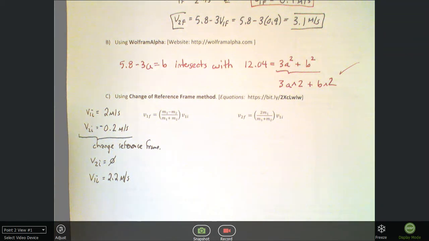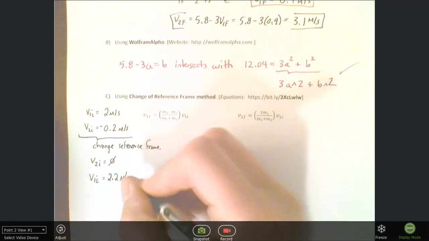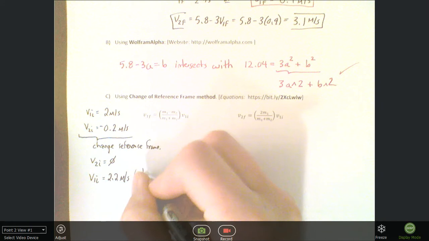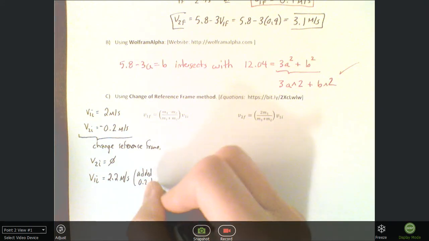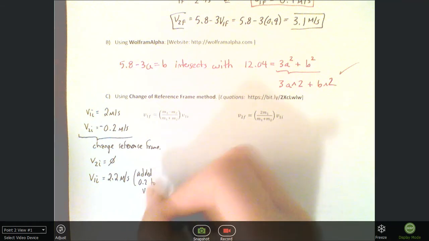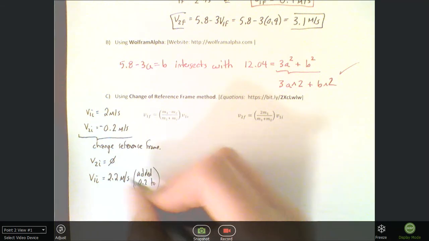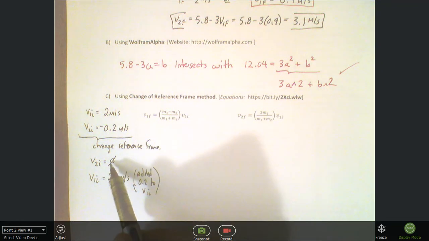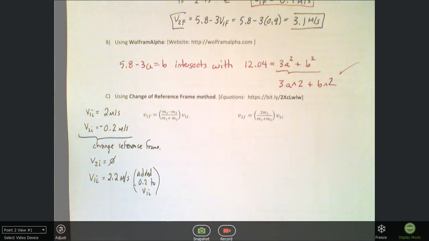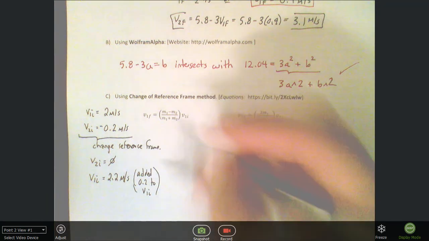So here's the thing. When we did this, we added 0.2 to V1I. Okay? Clearly, because they were moving towards each other. So it appears that if you think that one object's stationary, it would just mean the other object is coming at you at 2.2 meters per second. So we added the 0.2. So now let's use the equation.